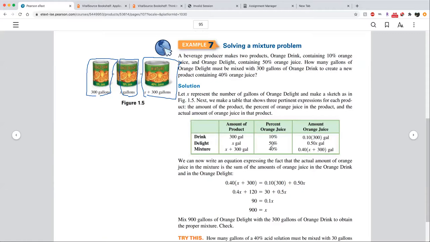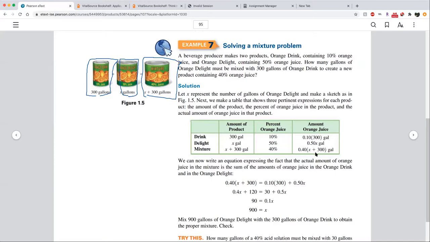So the amount of orange in x gallons of the delight is 0.5 times x. Then we can express the amount of orange in the new product in terms of x, which is 0.4 times x plus 300 gallons. It makes sense, right? 0.4 is 40%. And x plus 300 is the amount of the product.